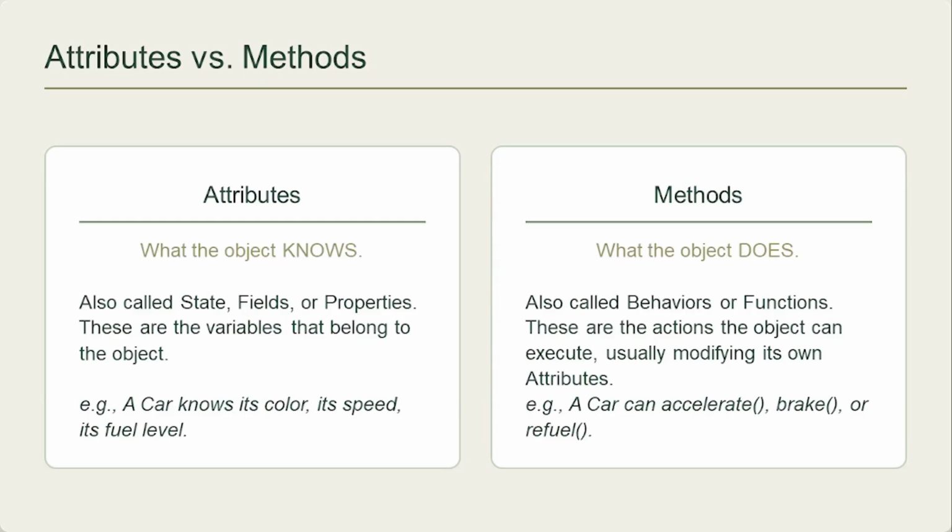The car's color, speed and fuel level are the attributes of a car. And methods or behavior tell what objects can do. These are the actions the object can execute, usually modifying its own attributes, like the car accelerating, braking or refueling.